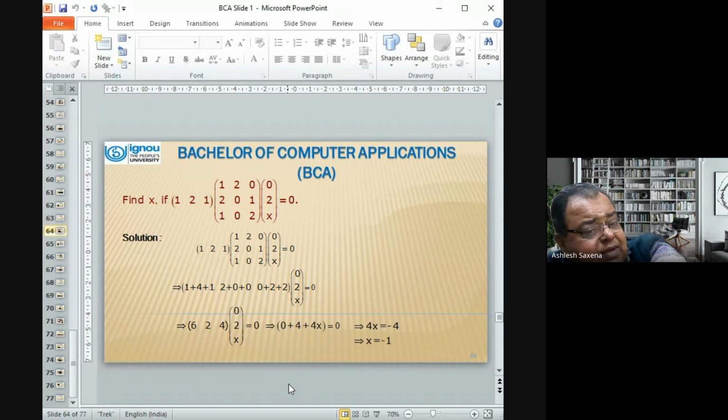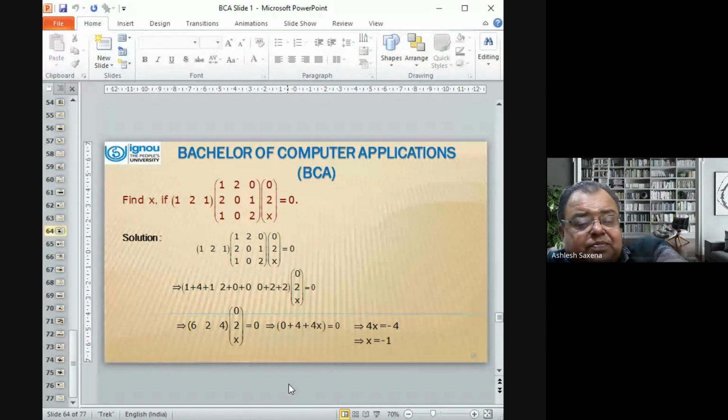And the third element will be 1 into 0 plus 2 into 1 plus 1 into 2. And the third matrix will remain as it is. On solving, you will get 6, 2, and 4.